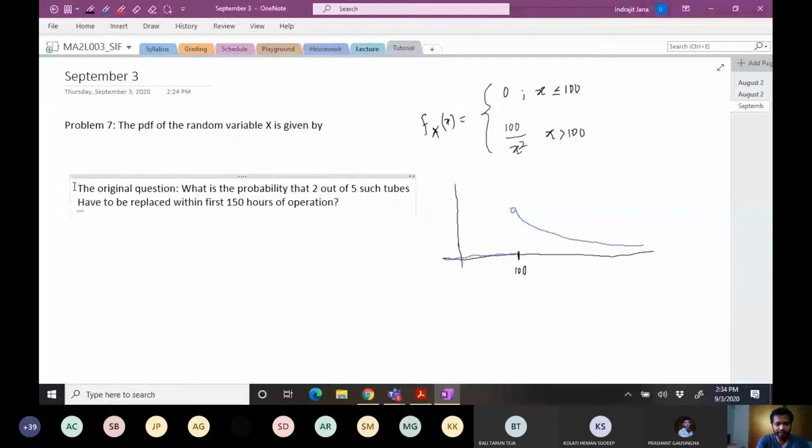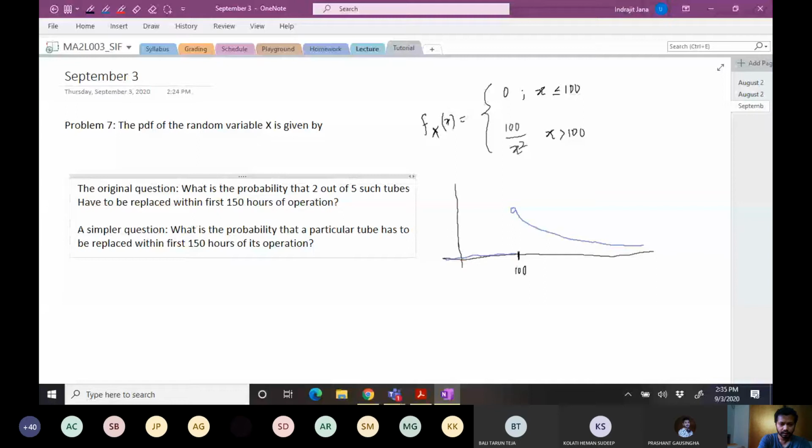First of all, you would like to answer a simpler question, which is: what is the probability that a particular tube will be replaced within the first 150 hours of its operation?